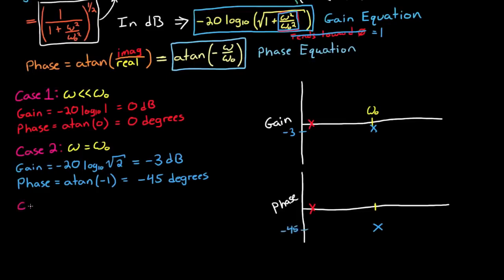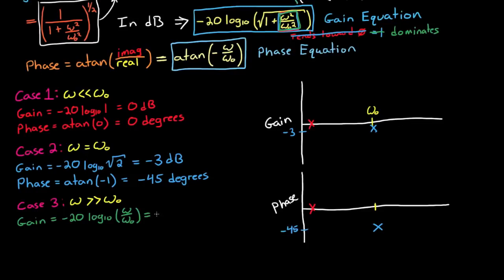Now the third case is when omega is much greater than our break frequency omega naught. In this case, omega squared over omega naught squared dominates this equation. It's usually much greater than 1. So we can rewrite this as minus 20 log base 10 of just omega over omega naught.